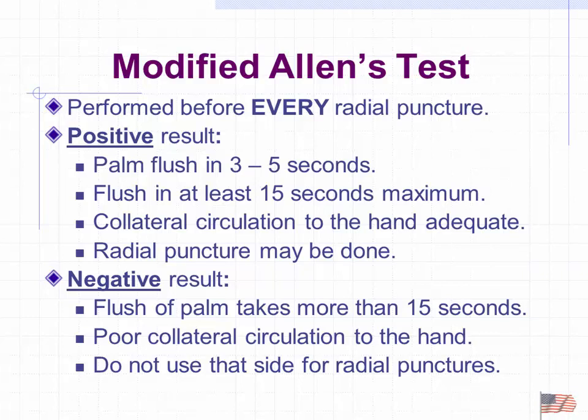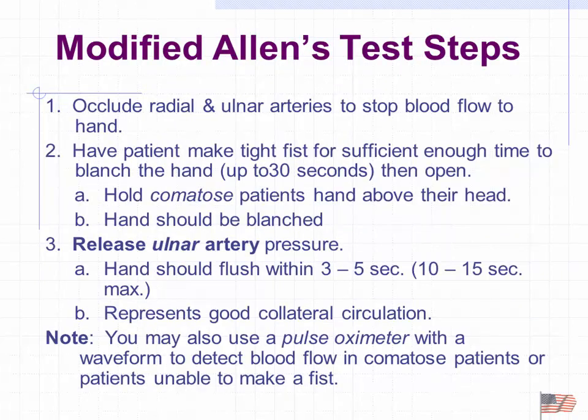If you don't see a flush, or the flush takes longer than 15 seconds, that's poor circulation, and we shouldn't use that site. Okay? Modified Allen's, every blood gas, every time. I'll tell you, on deposition, it's the first question they'll ask you.